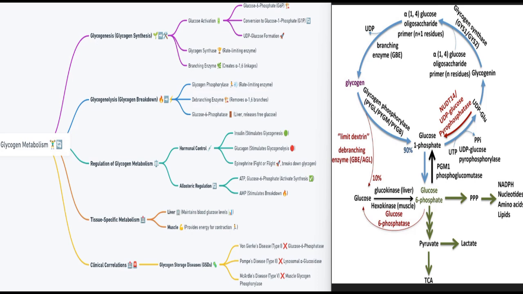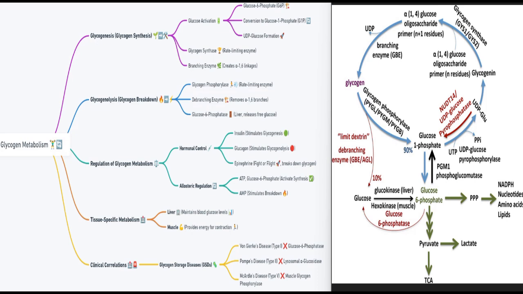So with glycogenesis, glucose is converted to glucose 6-phosphate using 1 ATP, and the glucose 6-phosphate is further converted to glucose 1-phosphate, which is activated by UTP, forming UDP glucose. As the UDP glucose attaches to the end of the glycogen chain, UDP is released and converted to UTP by ATP.